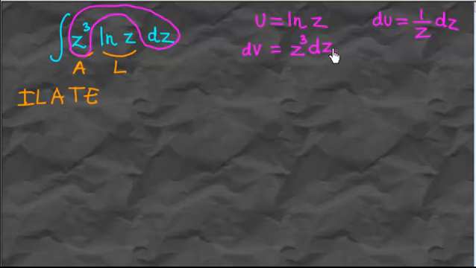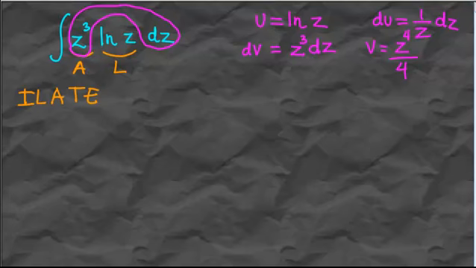So what is our v? We can obtain v by simply integrating z cubed. What is the integral of z cubed? Add 1 to the power and then divide by whatever appears in the power.